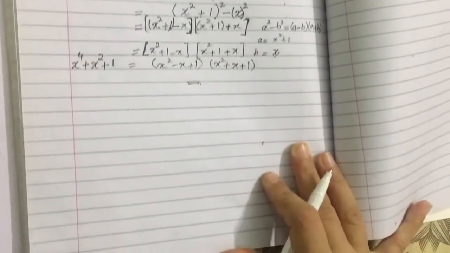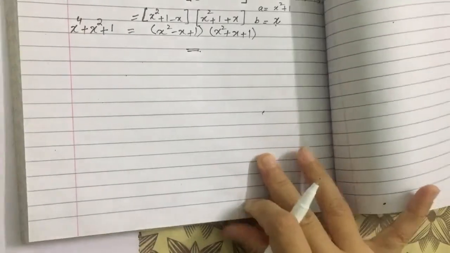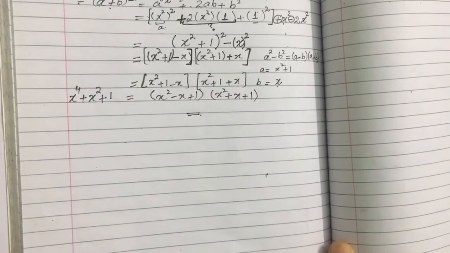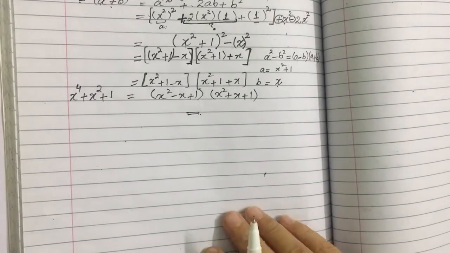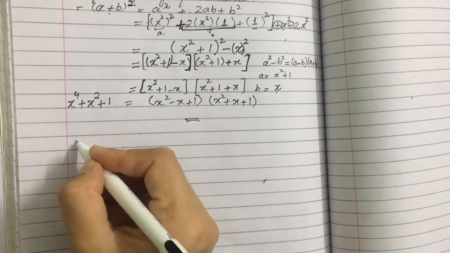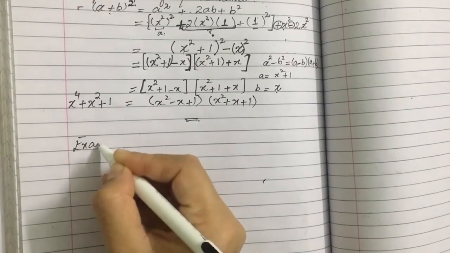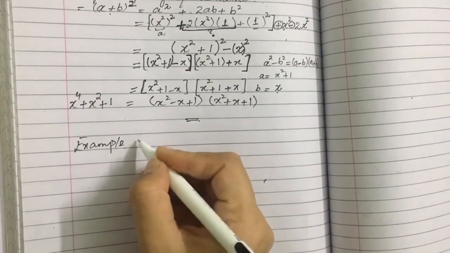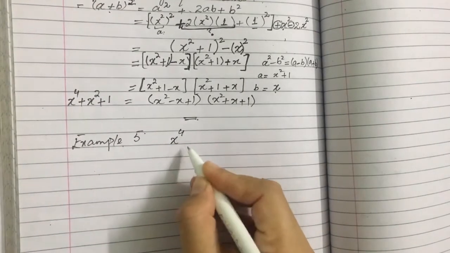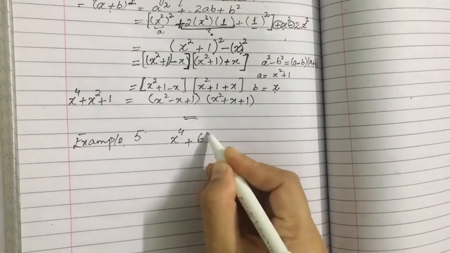Next question. Our next question is example number 5. Example number 5 is x raised to power 4 plus 64.